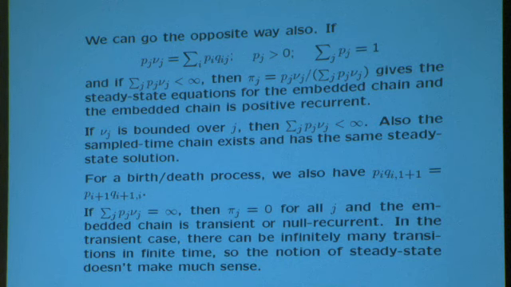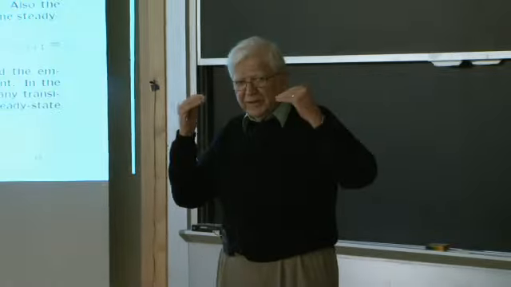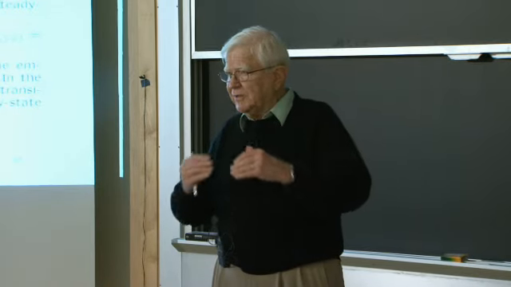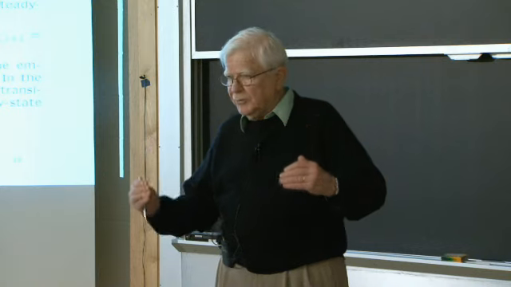And this gives the steady-state equations for the embedded chain, and this shows that the embedded chain has to be positive recurrent and says that you have to be able to go both ways. So we already know that if you can solve the steady-state equations for the embedded chain, they have to be unique, the probabilities all have to be positive, all those neat things for countable state Markov chains hold true.